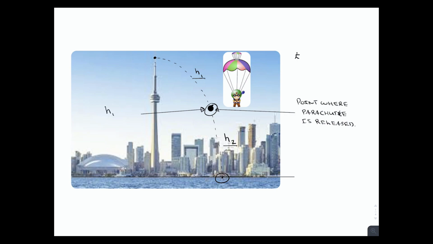So at that point, h1 equals h2. Going back to our equations, this quadratic and this linear equation, at the point the parachute is pulled, are equal to each other. So let's write that out.